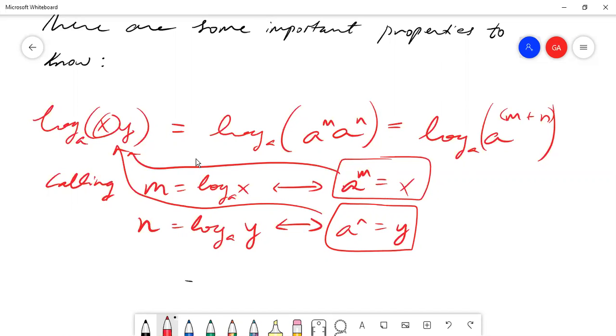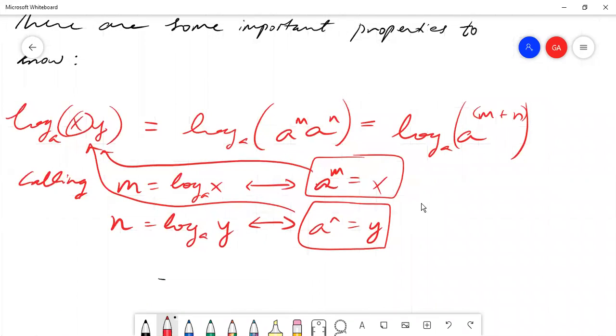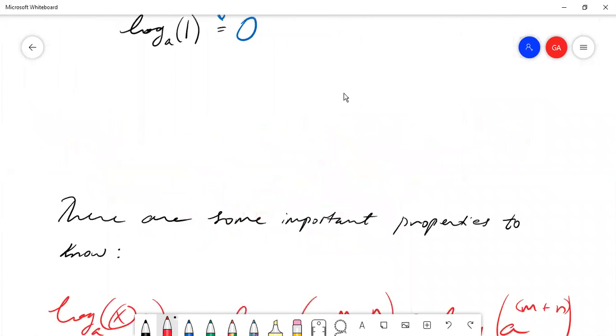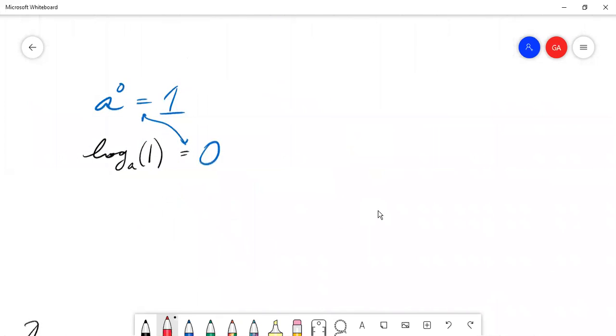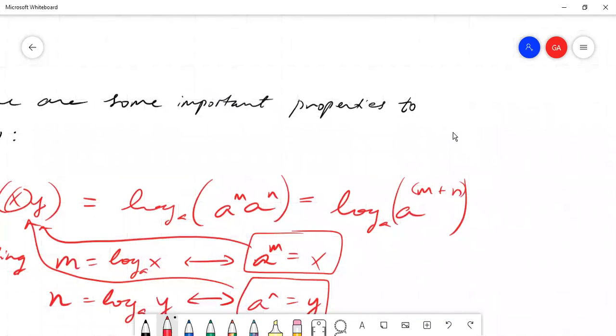Okay, well, this is all good, but we can simplify this, right? Because remember, from this property that we just talked about here, when the base is the same, this thing just comes out in front. So look, the base here is equal to this base, and so this entire thing is just m plus n.